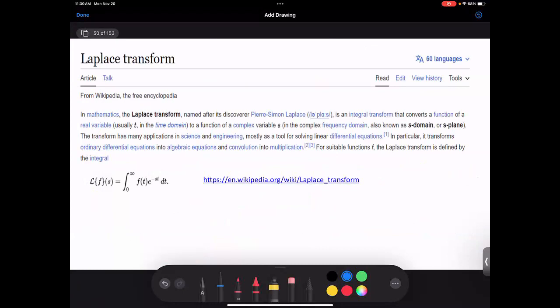So the Laplace transform, I give you some function f. The Laplace transform of f at s is the integral of f of t e to the negative st. It's really the case of an integral kernel.